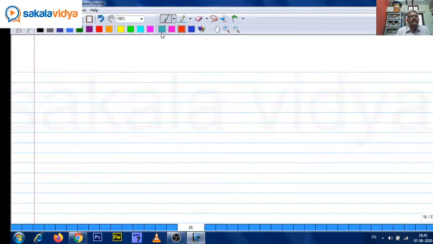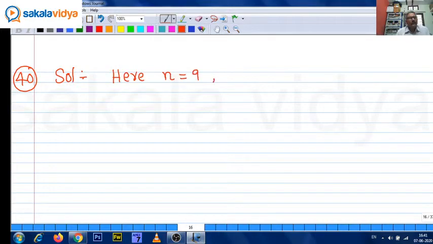Solution: here n equals 9, x is 3x²/2, a is −1/(3x).